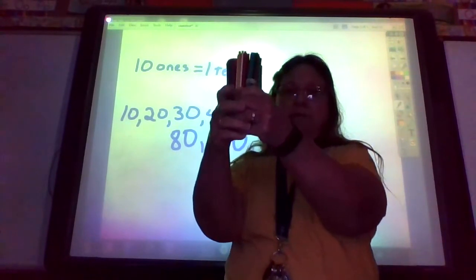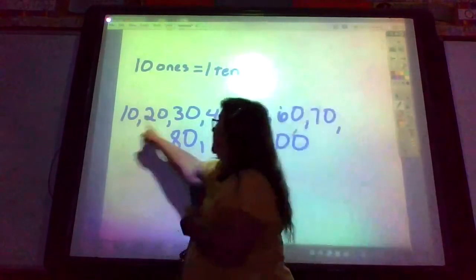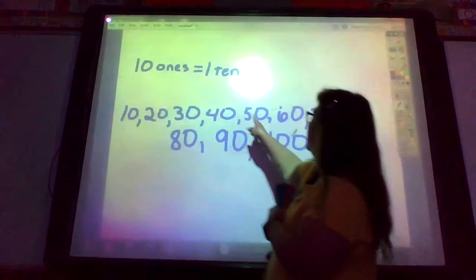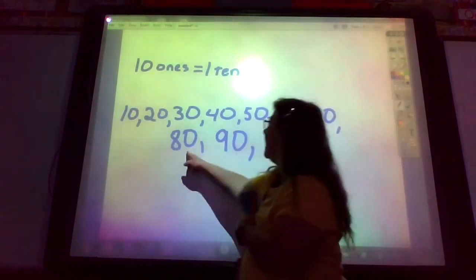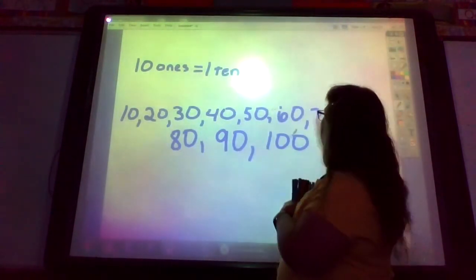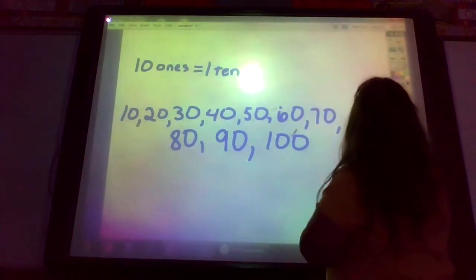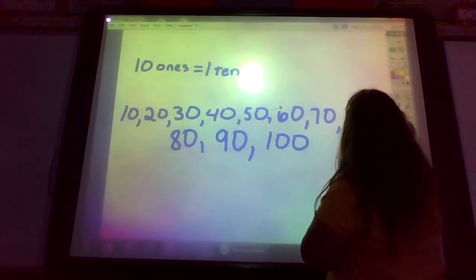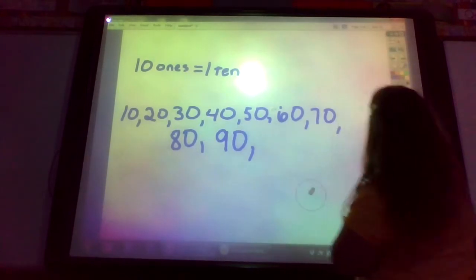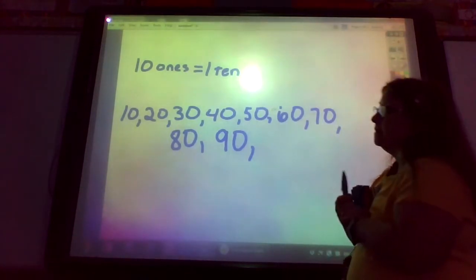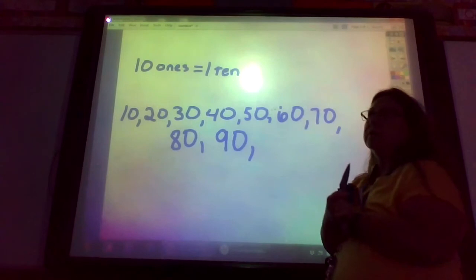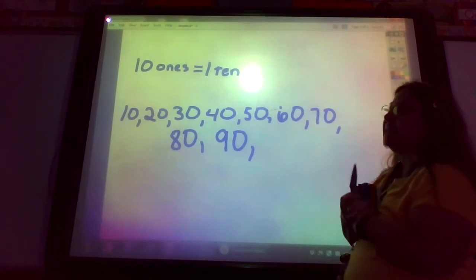Okay, 100 sticks. 10, 20, 30, 40, 50, 60, 70, 80, 90. Any number up to 99 are tens, are numbers that have a 10 and a 1.